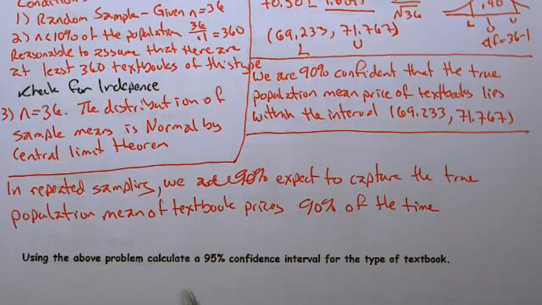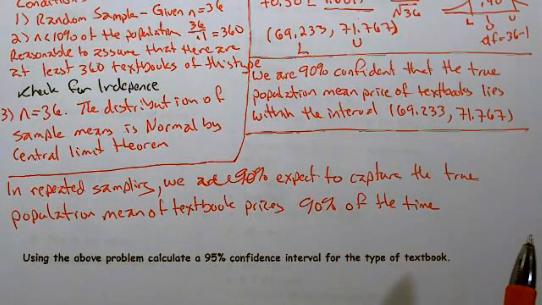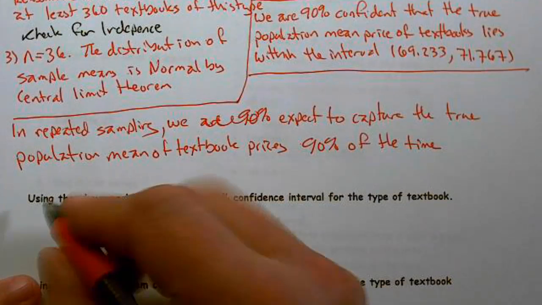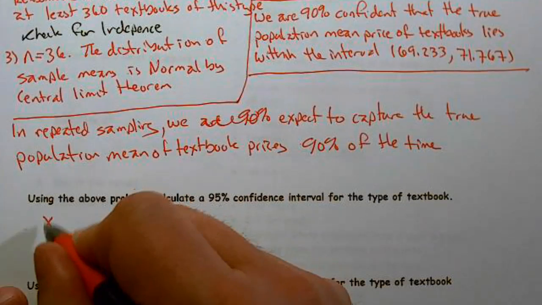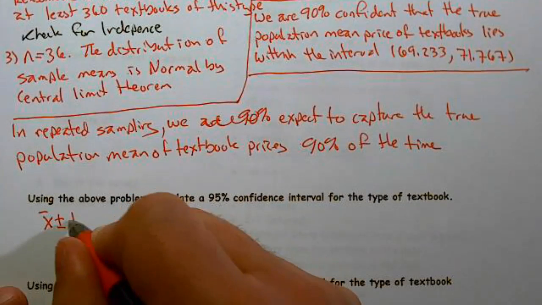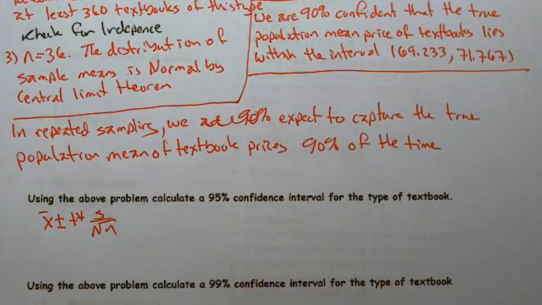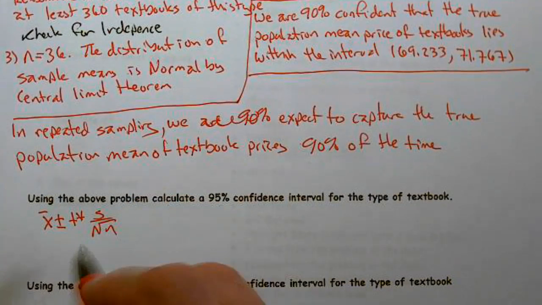Okay? Use the above problem to calculate a 95% confidence interval for the textbook. We've already done all the conditions, so we're not going to go back and do that. We're not going to redefine it, but I am going to rewrite the equation, which in this case is x bar plus or minus t star s divided by square root of n. The more you write it, the more comfortable you are and the faster you'll get at it.